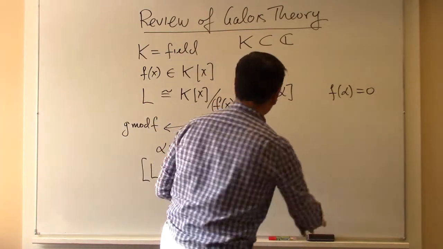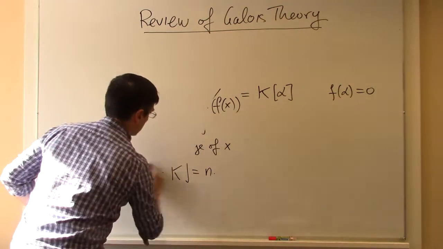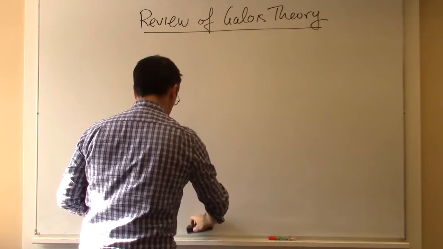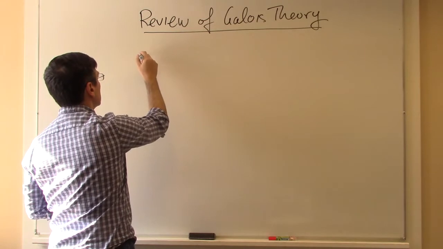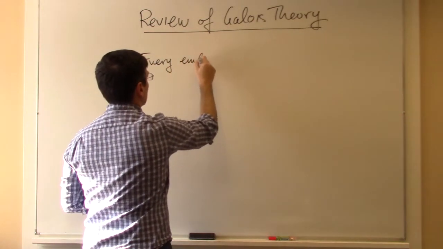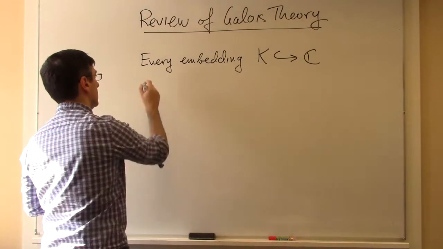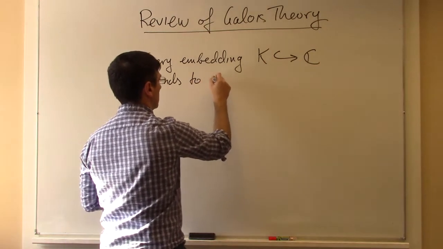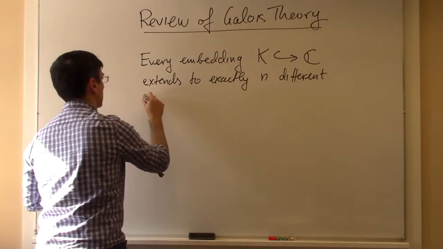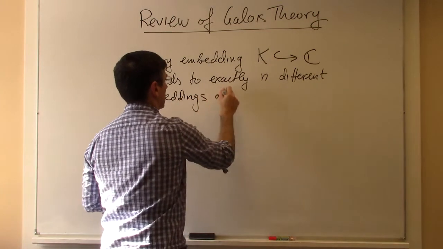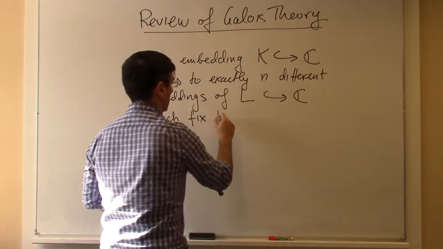And now, having all of this, we have embeddings of L. Every embedding of K into C extends to exactly n different embeddings of L into C, which fix K pointwise.